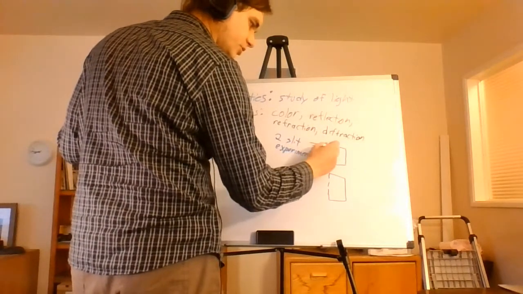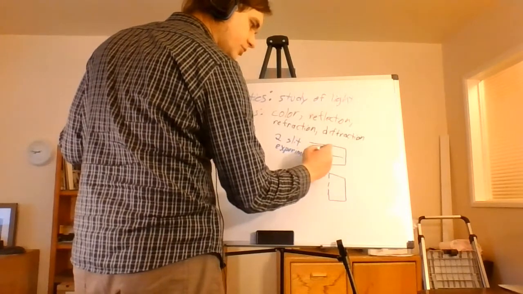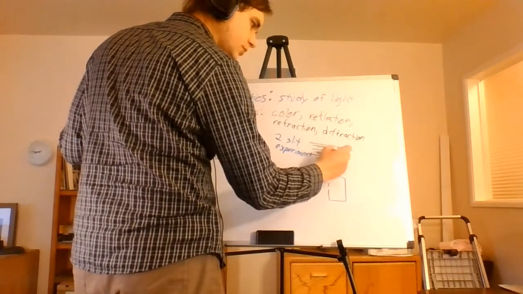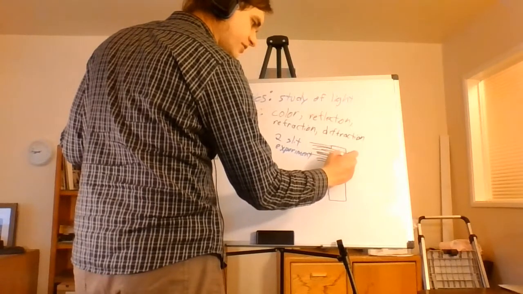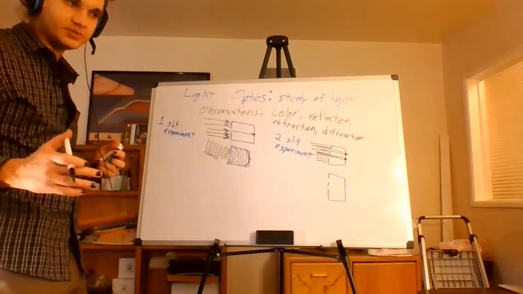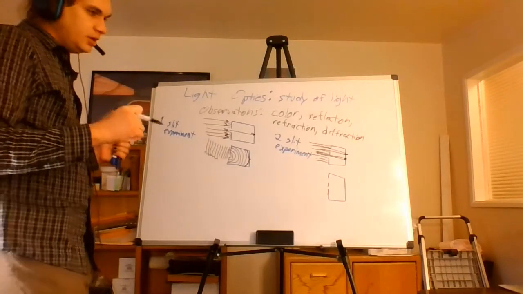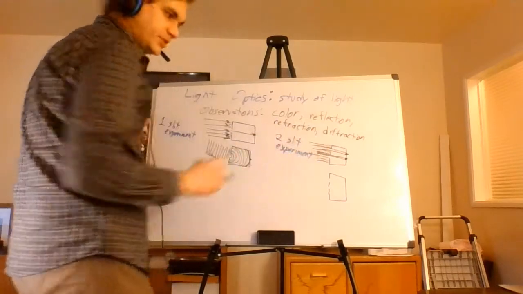Particles come in, a bunch hit the sides, and then a bunch go through. And instead of having one spot, you have two spots, each of which are directly opposite the slits in the box.